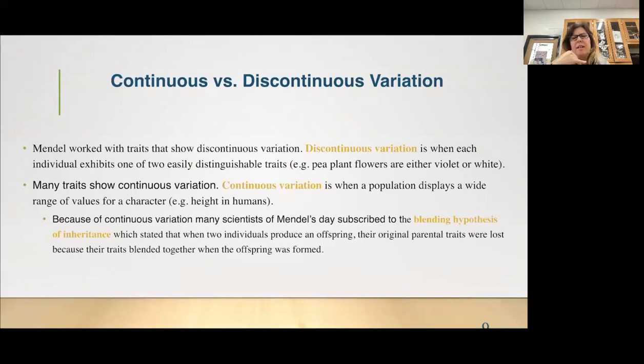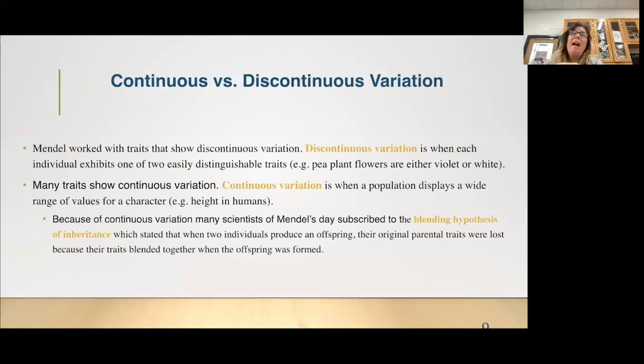Because of continuous variation, many scientists of Mendel's day subscribed to the blending theory, thinking that it kind of makes sense that if you have someone with dark skin and someone with light skin, their children are often in the middle, which is a blend of the parents. And what we have found is that's not true with Mendel.